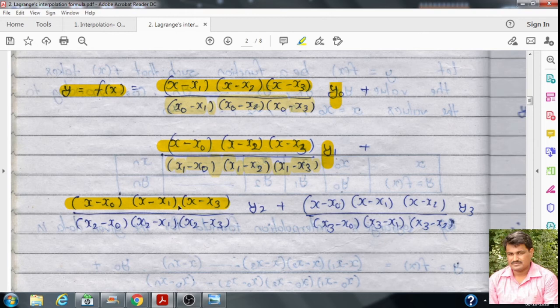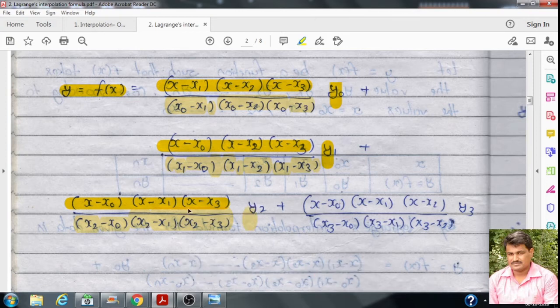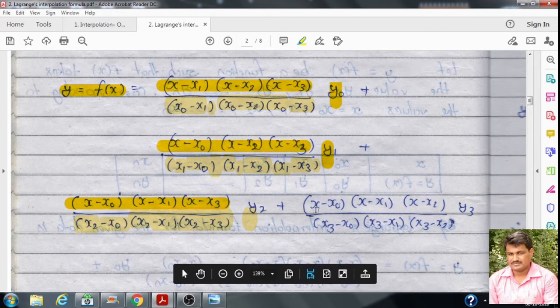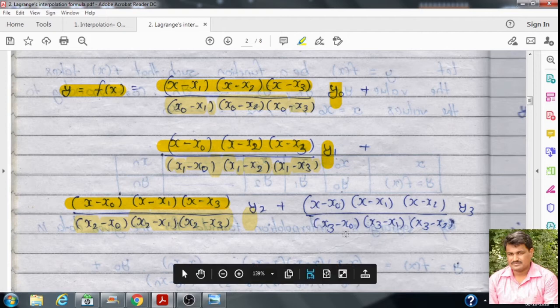Here we are skipping x minus x2, divided by x2 minus x0 into x2 minus x1 into x2 minus x3, into y2. Then plus next term, now we skip x minus x3. Then we write x minus x0 into x minus x1 into x minus x2 divided by x3 minus x0 into x3 minus x1 into x3 minus x2, into y3.